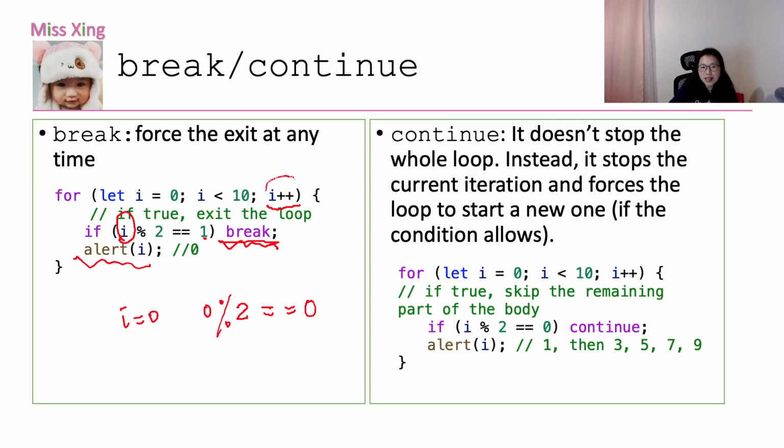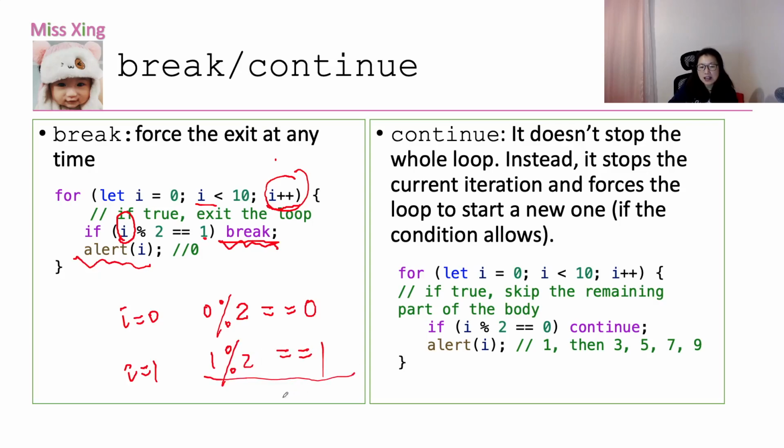Then it will do the step, which is i increasing by 1. So now i equals 1. 1 is also less than 10, right? So it executes the body. i equals 1, and 1's remainder of 2 is equal to 1.